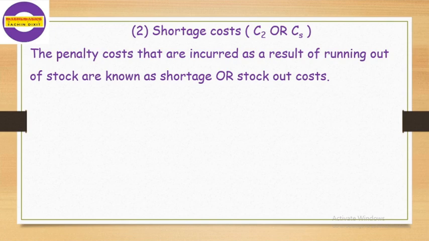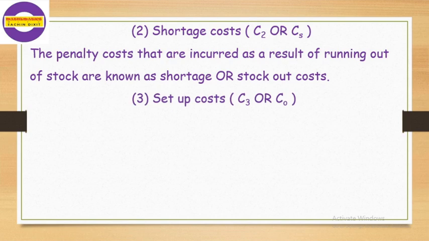Sales may be lost. Goodwill may be lost either by a delay in meeting the demand or by being quite unable to meet the demand at all. These are denoted by C2 or CS per unit of goods for a specific period.